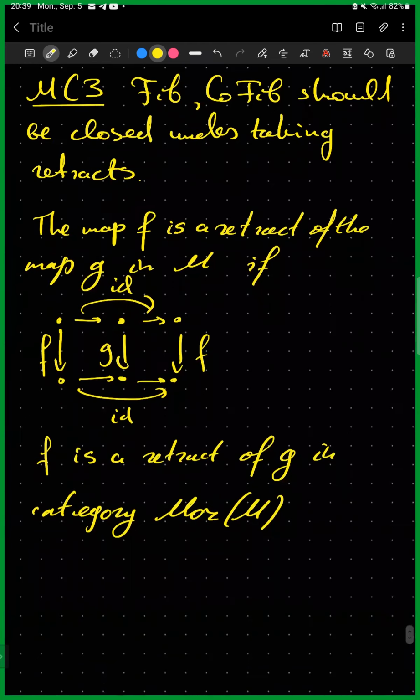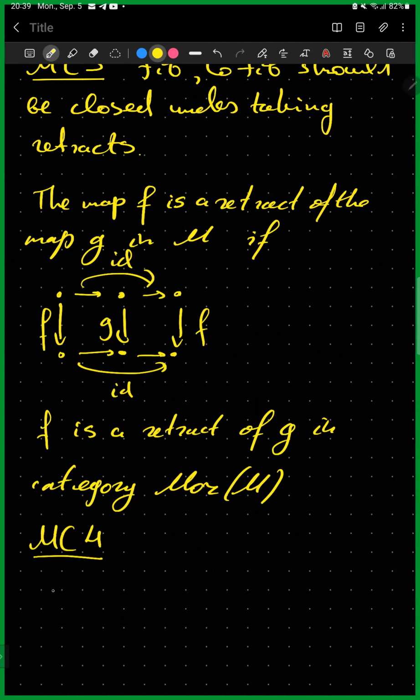The fourth axiom is about lifting properties. So we have the following lifting properties. Cofibrations have the left lifting property with respect to trivial fibrations. What does it mean? It means that if we have an arbitrary cofibration, which is, by the way, denoted like this, and here we have an arbitrary trivial fibration, which will be denoted like that.